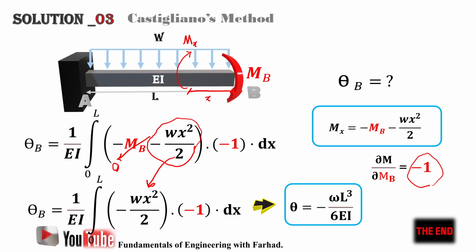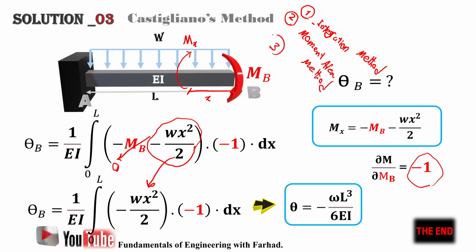with the moment area method. If we have a combination between these three solutions, solution 1 was the integration method, solution 2 was the moment area method, and this time solution 3 was Castigliano's method.